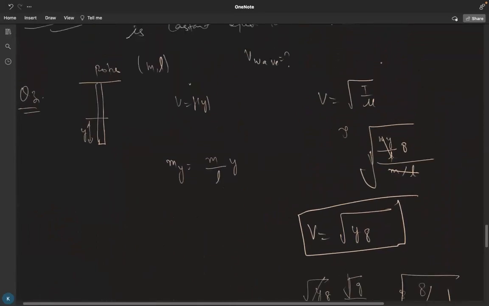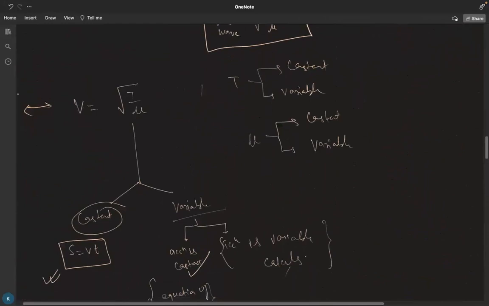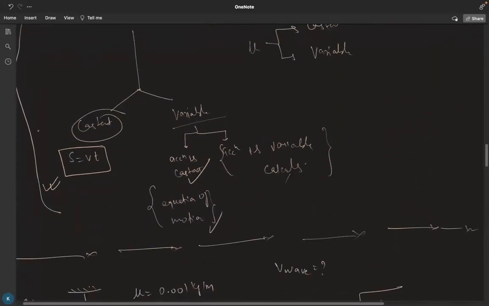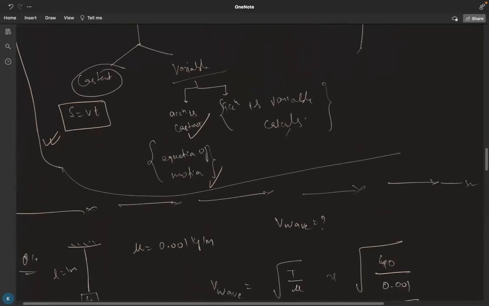But the mind map that we created is very useful. This mind map will help you in a lot of things, like what if the velocity is constant, what if the velocity is variable, and then whether the acceleration is constant or variable.